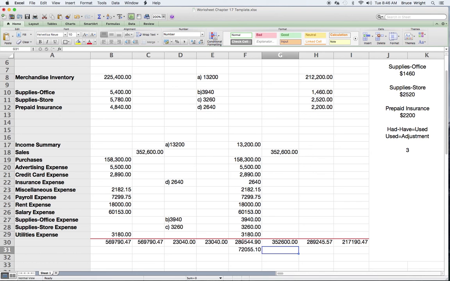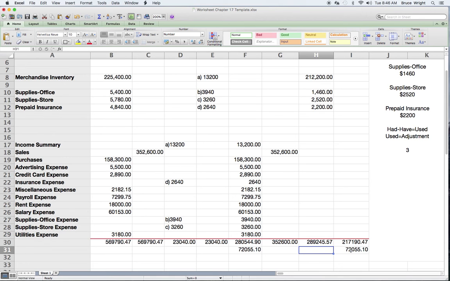We sold more than we spent, so we made 72,055.10. When you subtract these two numbers as well, it's going to be the same amount, if you remember. If it's not, we have extended some things wrong.